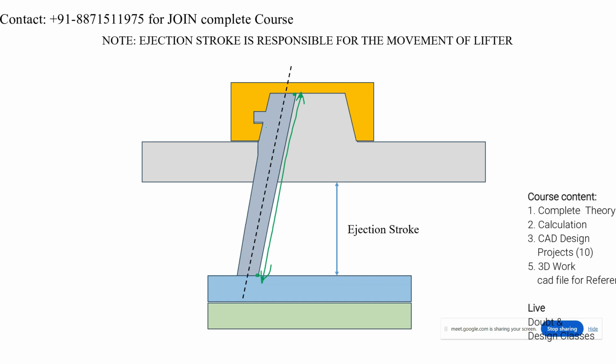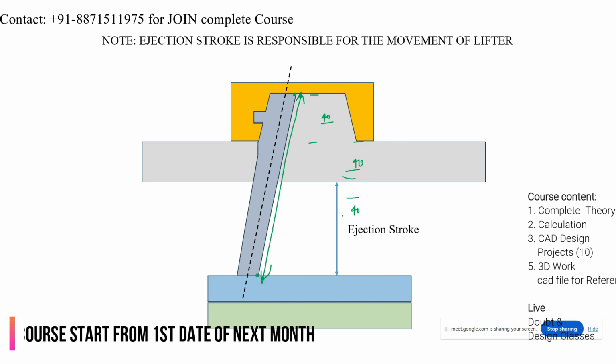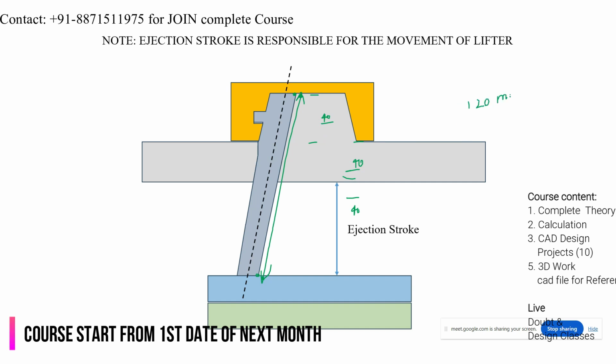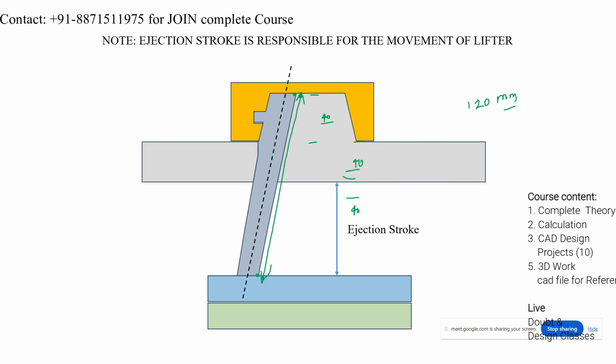For example, the ejection stroke is about 40, this distance is about 40, and this is again about 40. So here you can see the length of the lifter is about 120 mm, right or wrong? Or more than 120.